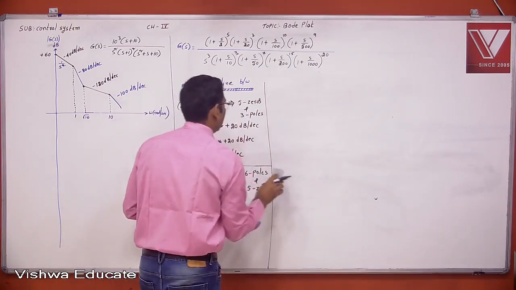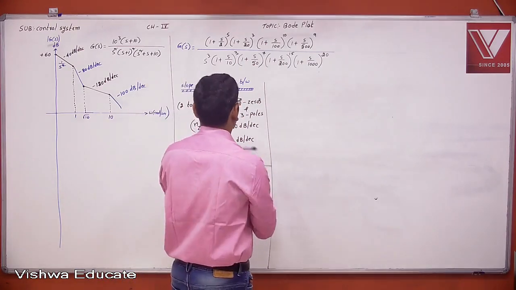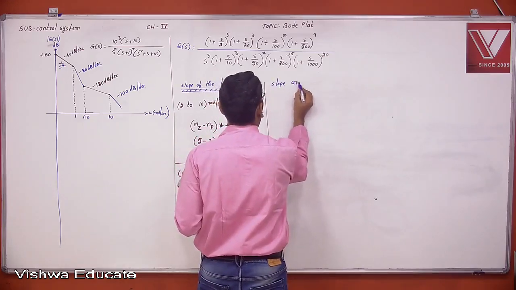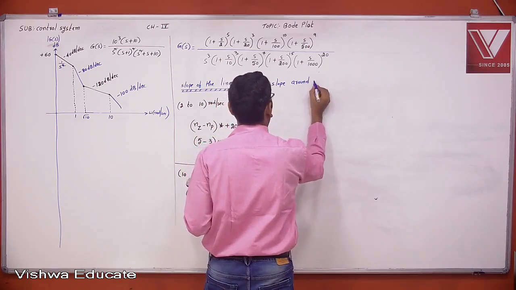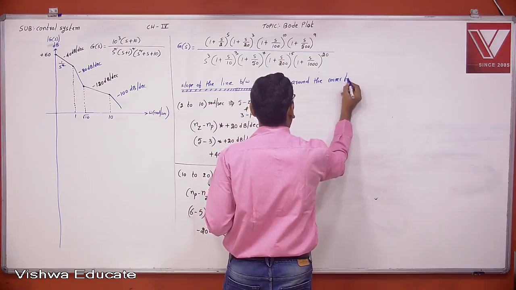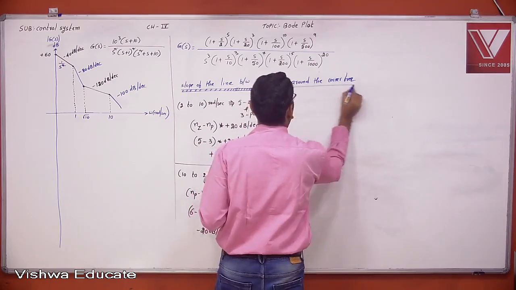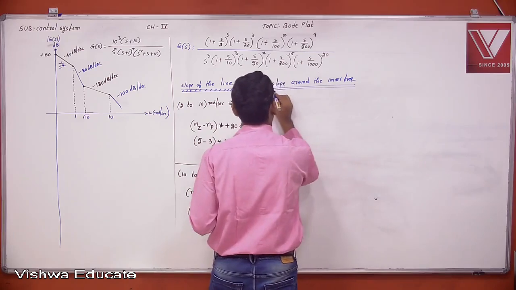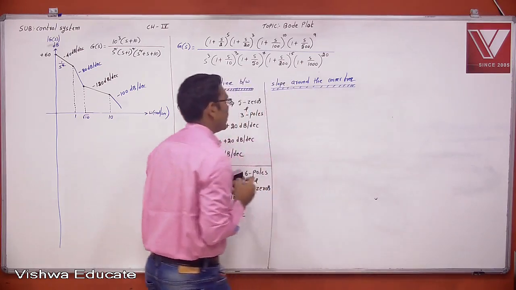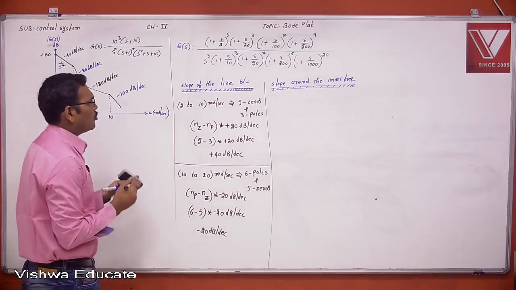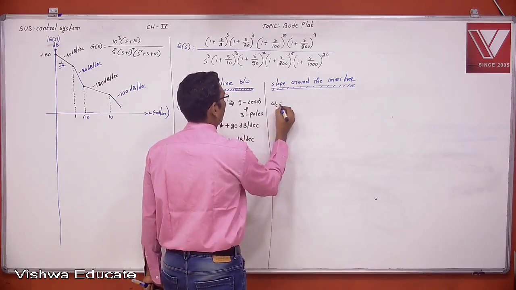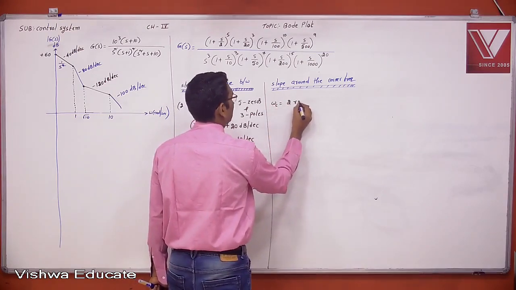Next, slopes around the corner frequency. This is another question you can write. You can form n number of questions for the given transfer function. Now slopes around the corner frequency of, let us take 2 radians per second.